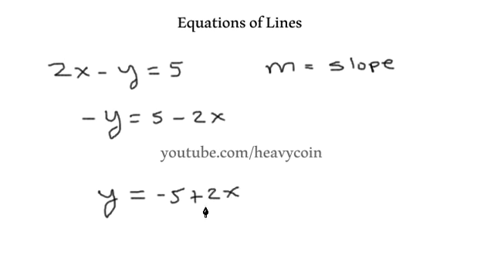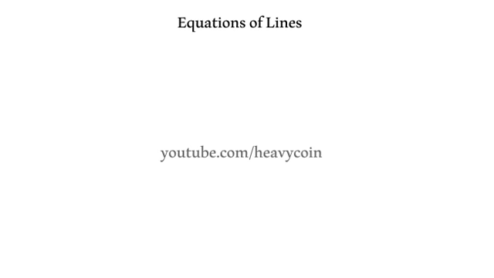Now remember, I said that this coefficient right here represents the slope. So m is equal to 2. So all you have to do is solve for y and then look for this coefficient in front of x right here. Alright, so let's take a look at another one of those.